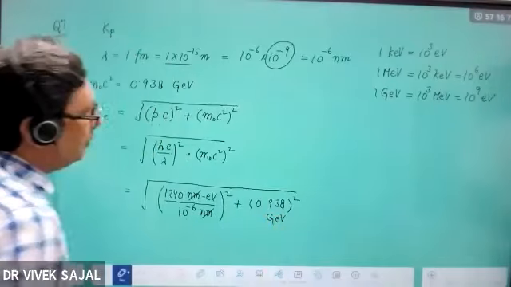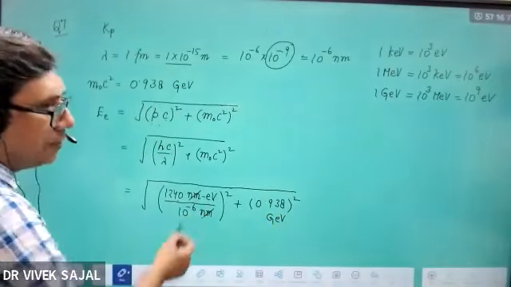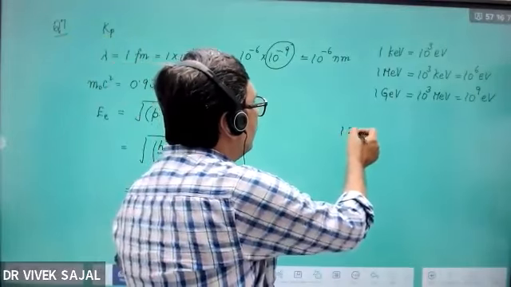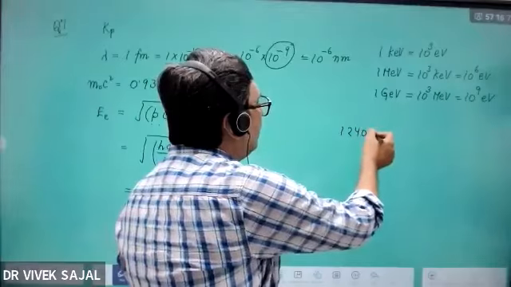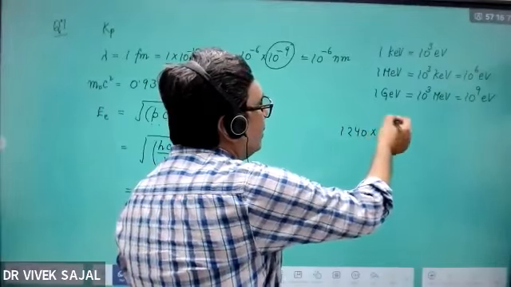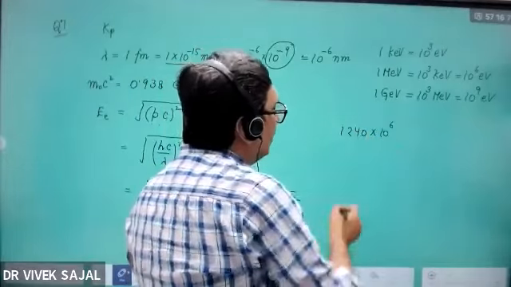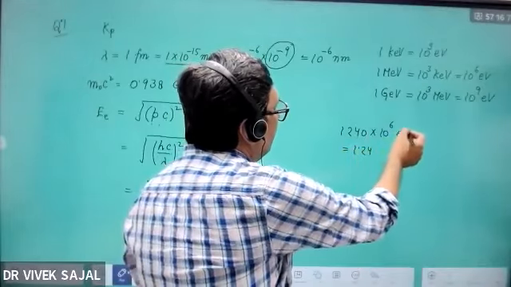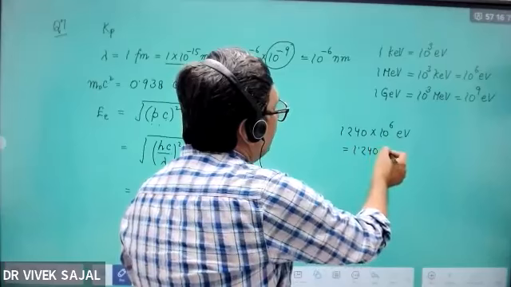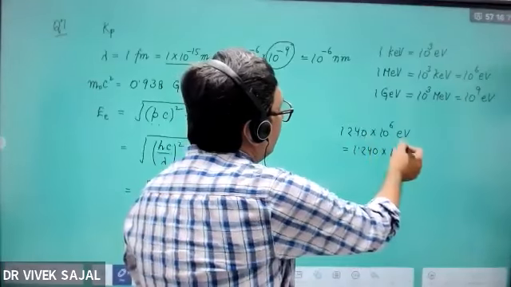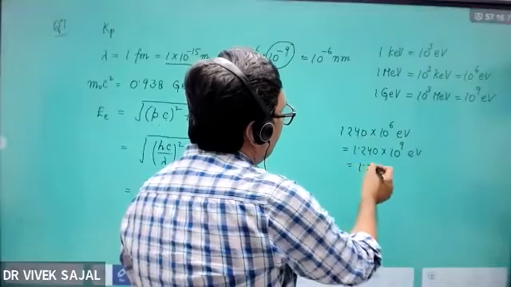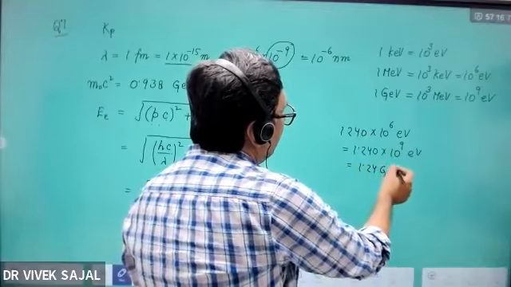This is GeV square, but here this is electron volt square. So if you look at this 1240, if you take 10 to the power minus 6 in the numerator, and write it as 1.240 in electron volt times 10 to the power 9, this will be equal to 1.24 GeV.